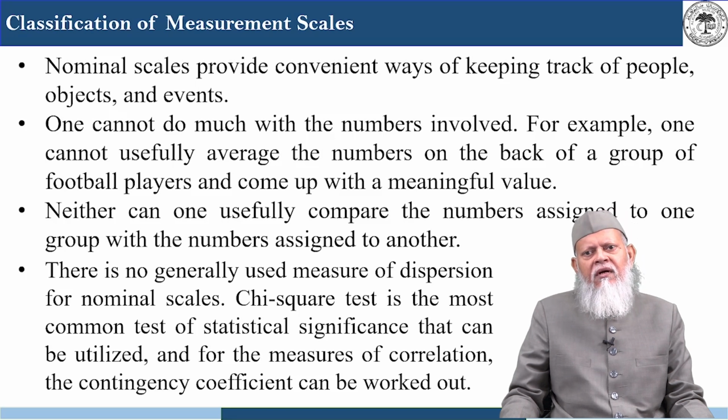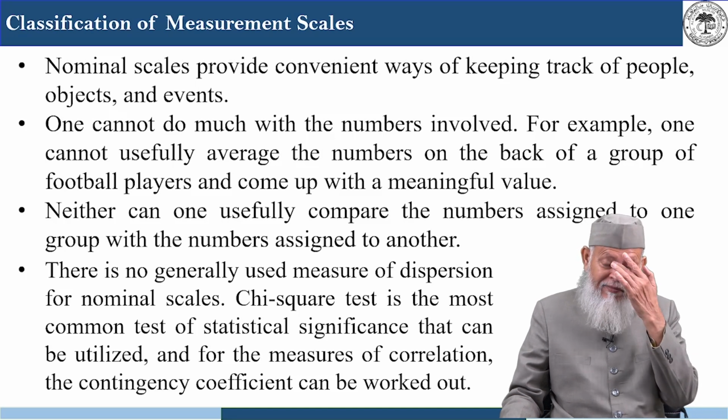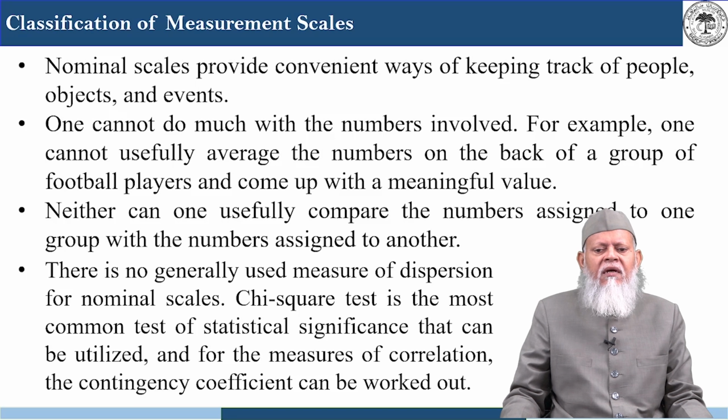So, whether this is the measurement of average or the measurement of dispersion, these have no application in the nominal scale. Only chi-square tests can be utilized to test the statistical significance, and for the measure of correlation, the contingency coefficient can be worked out.